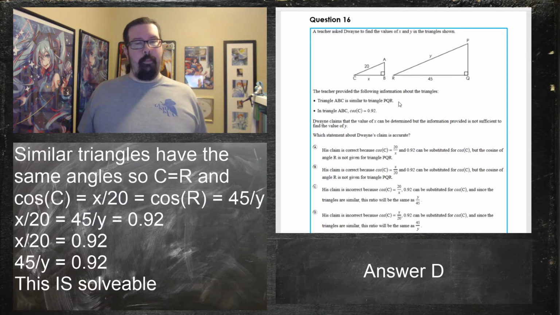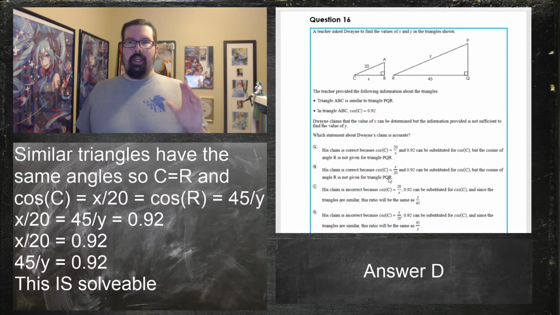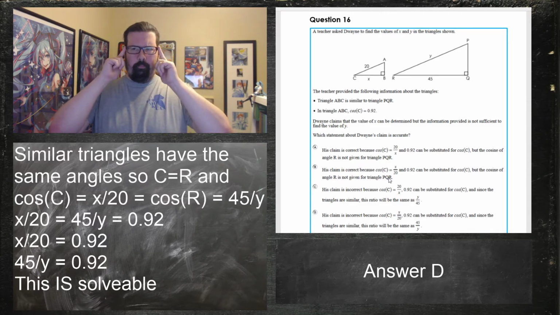But let's look at B again, because it has an interesting little thing. His claim is correct because blah, blah, blah, and can be substituted for cosine of C. But the cosine of angle R is not given for the triangle. So that's their thing. If you're reading that and they say the cosine of angle R isn't given, well, wait a minute.